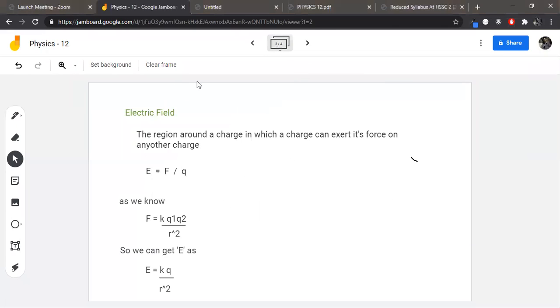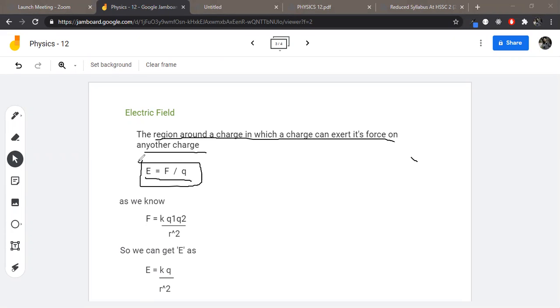So the formula for electric field is E equals F by q. You can see here I've written down the definition for it: the region around a charge in which a charge can exert its force on any other charge. And this is the formula for electric field. It is force per unit charge.